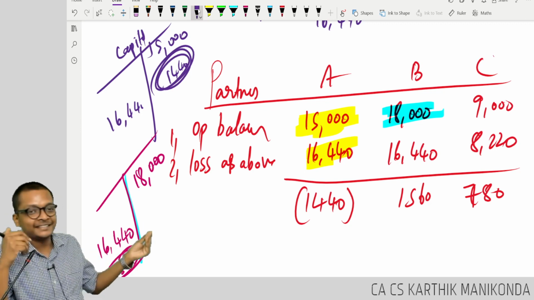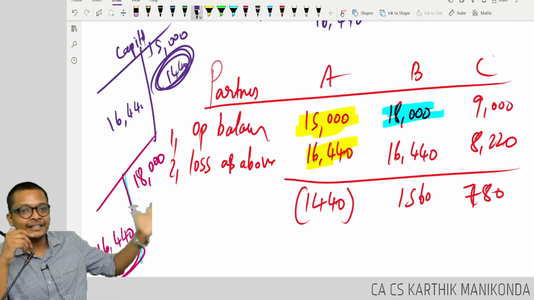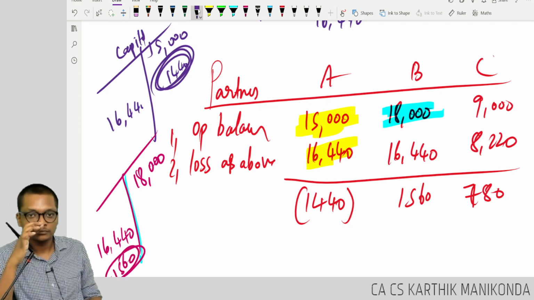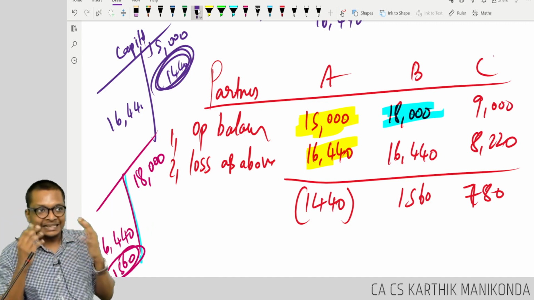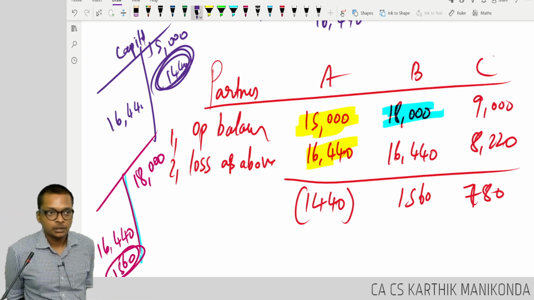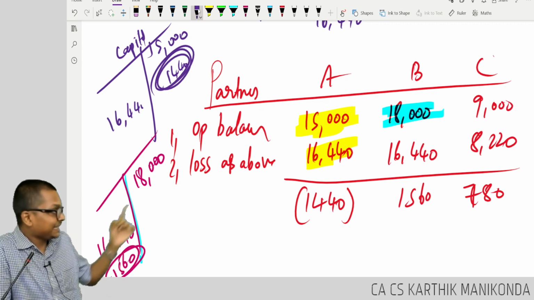B wants 1,560. C wants 780. Can I tell C, okay, take 780 rupees, enough? No. You tell me, guys, between these three people, 900, whom will I give? A, B, C or B and C? B and C. Because A should give me.